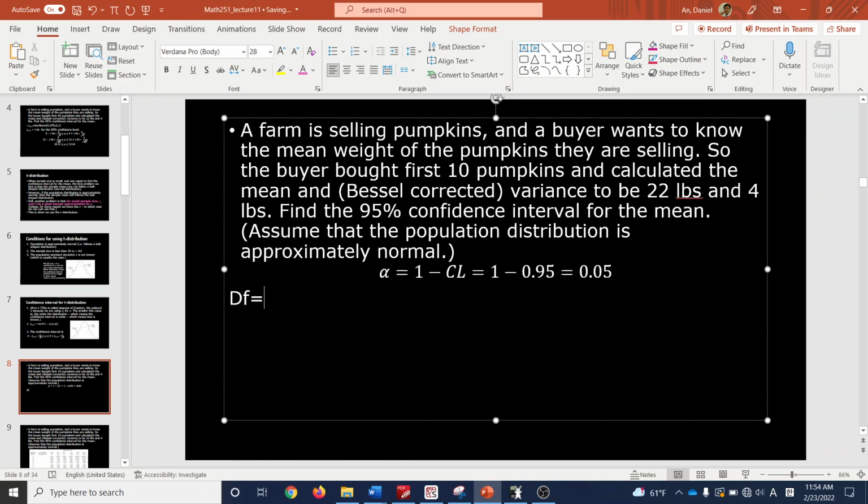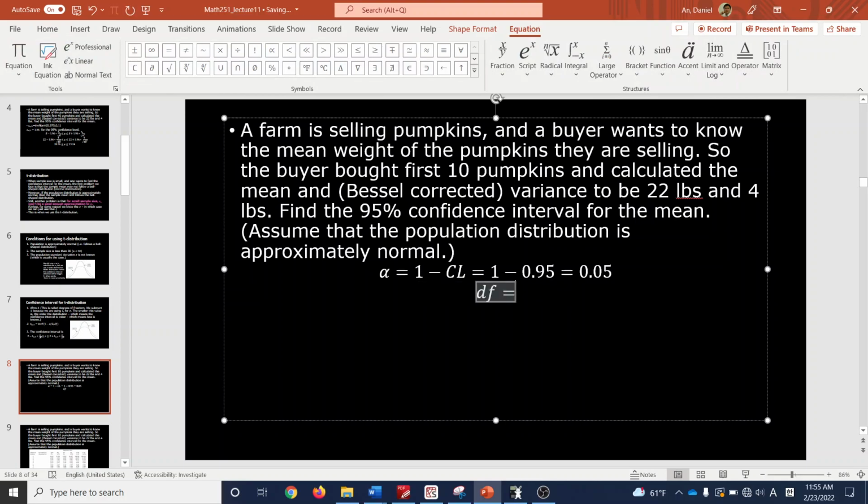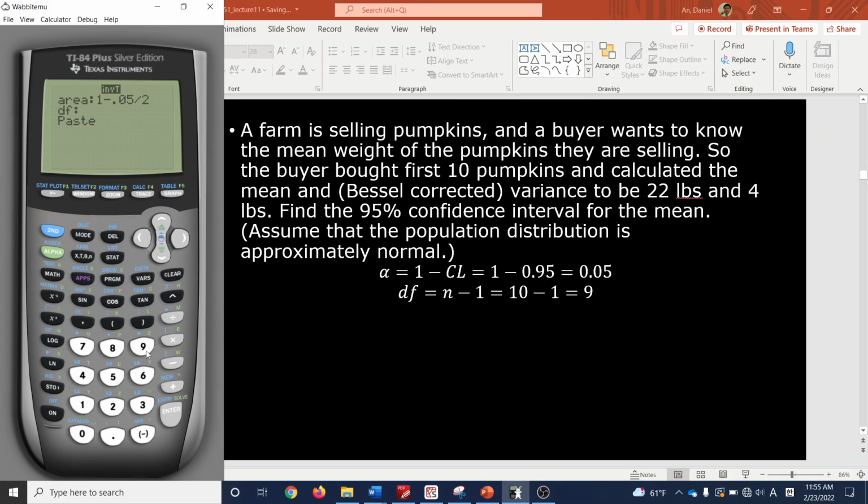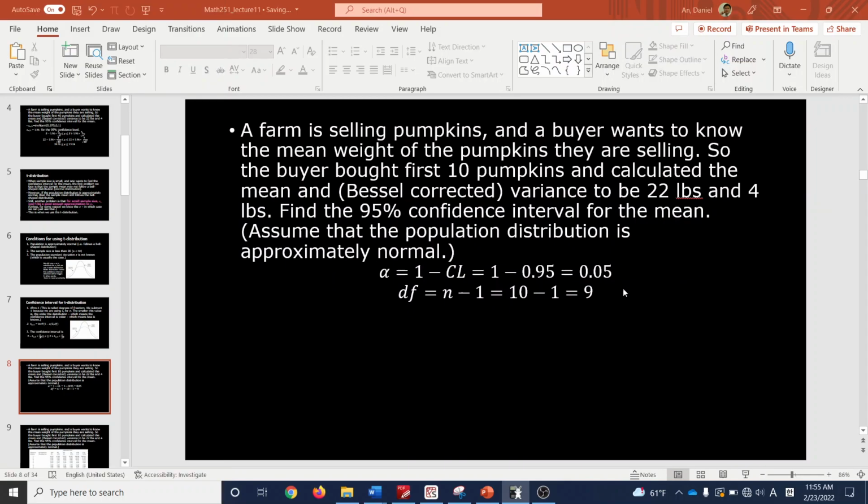Degrees of freedom is n minus 1, right? And what's n here? 10 minus 1, so that's 9. So that's the number that you have to put in. So I put 9 as the degrees of freedom. You paste it, and you get 2.2621, or 2.2622. Or let's just say 2.262.